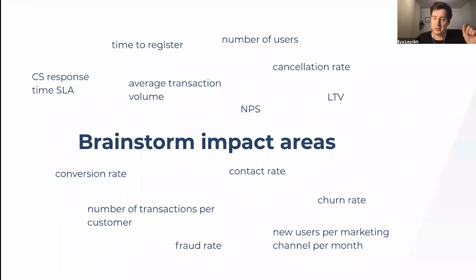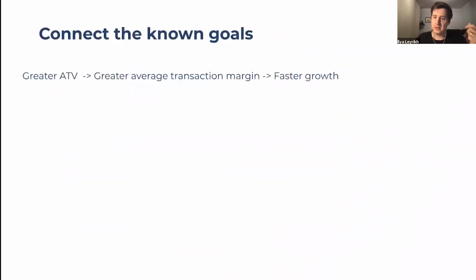And then move to step number 2, which is trying to connect them, or trying to see why you care about this particular metric, and maybe see what the bigger goals are that this metric is designed for. Let me give a few examples here.